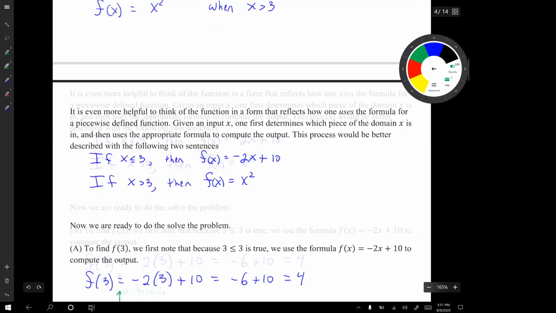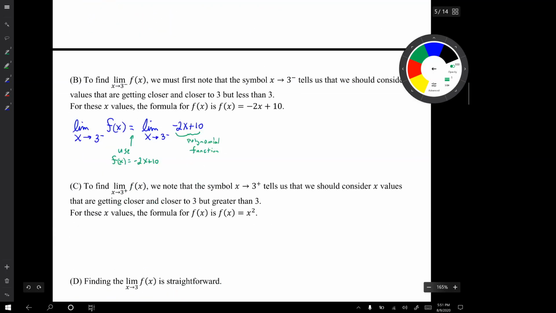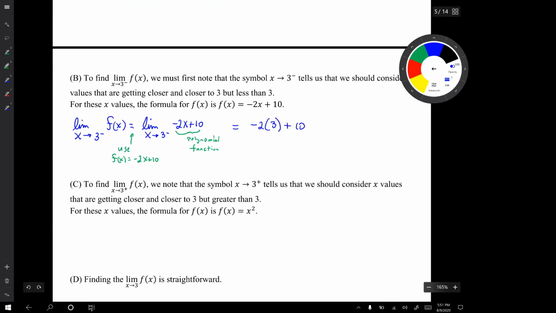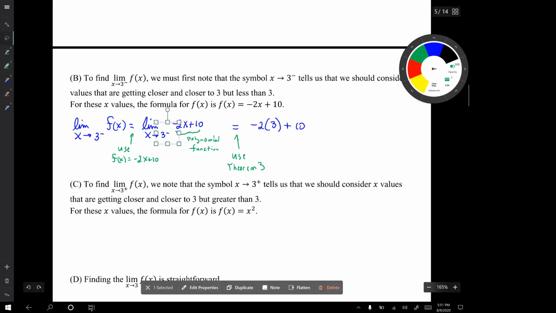So we'll do that here, and we'll write down that that's what we did. Now notice that when I substituted in, I just substituted in the number 3. I don't do anything with this little superscript minus sign. I just substitute in the number 3, and so the result is the number 4.